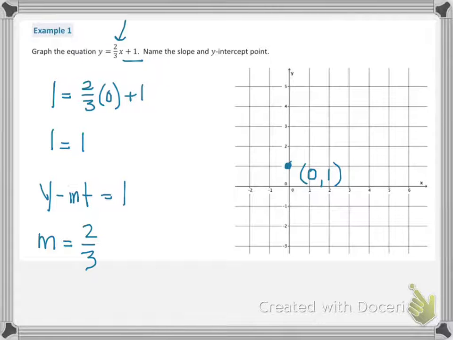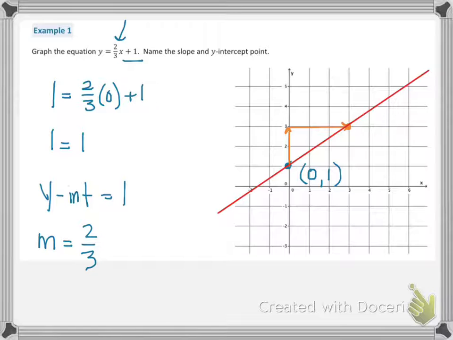So now I have the slope, I have the y-intercept. If the y-intercept is at 0, 1, and the slope is 2/3, that means I would go up 2, and then I would go right 3. And that would be the next point on my line, and I can draw this line right through there.